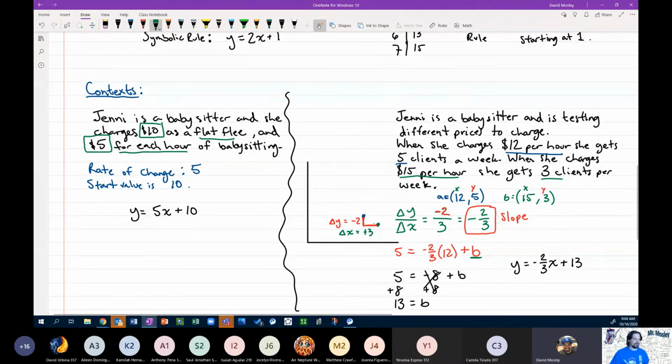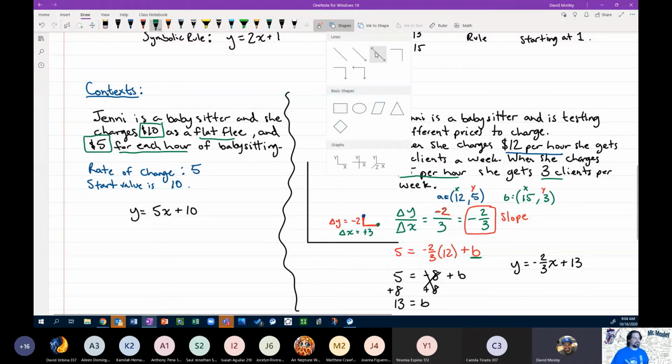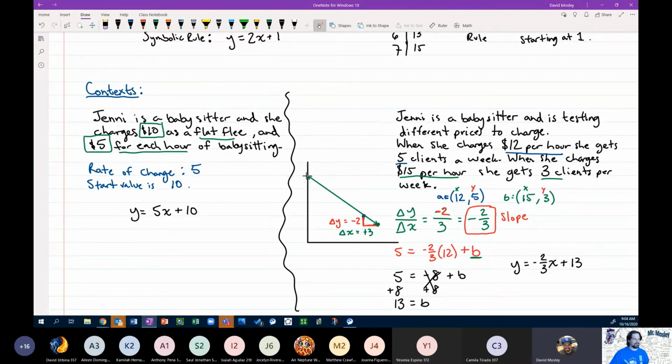I'd like to draw a very straight line here, but of course, I'm not going to do that. Sorry, guys. It's close. We'll call it close.